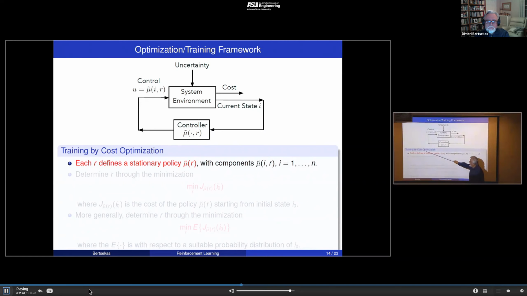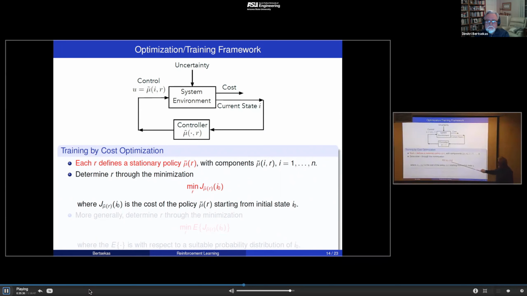Now let's look at the training, finding r by cost optimization. Every r defines a stationary policy, which we denote like so, with these components. We determine r by minimizing the cost corresponding to the parameterized policies.